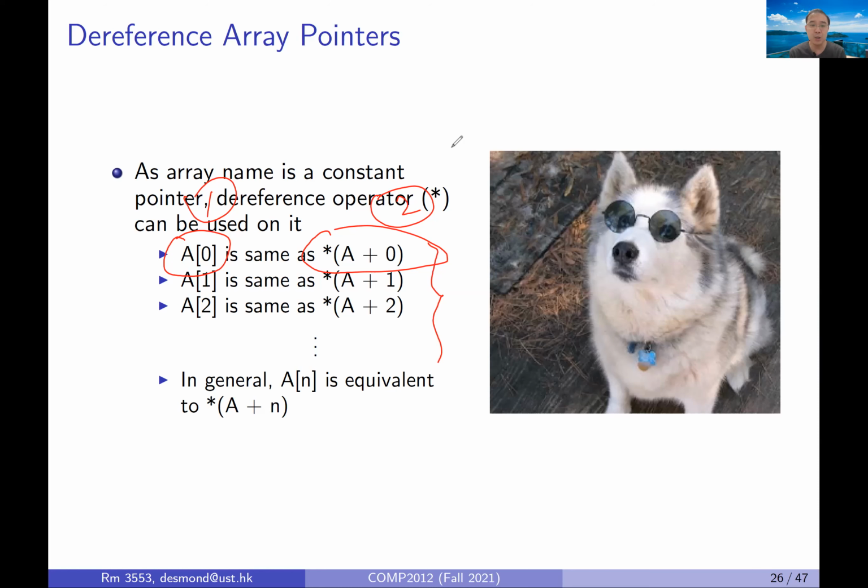Most people do this one, but some people do this one instead because they want to show off. They want to show other people they are really good. They can do this without square bracket. But what's the point? I think this is more readable.